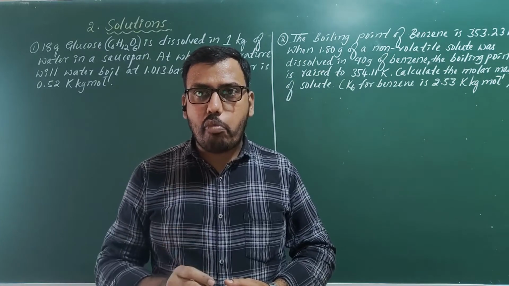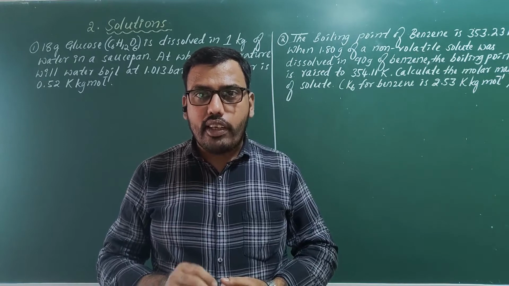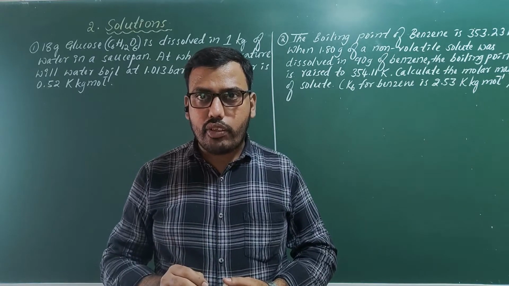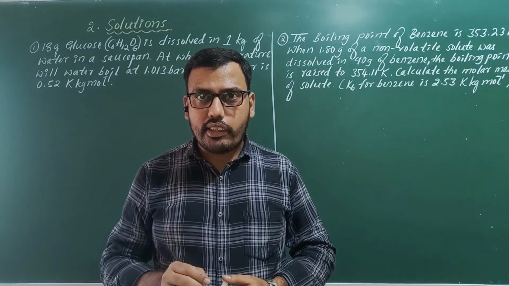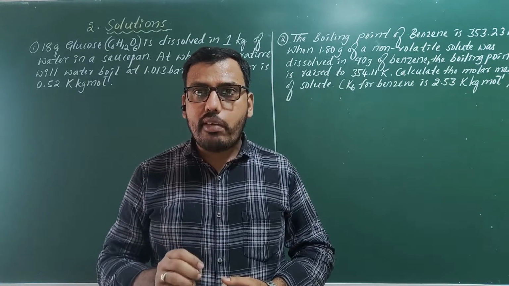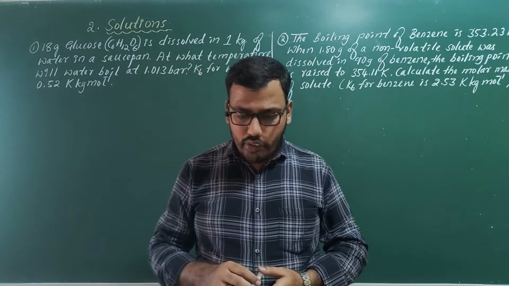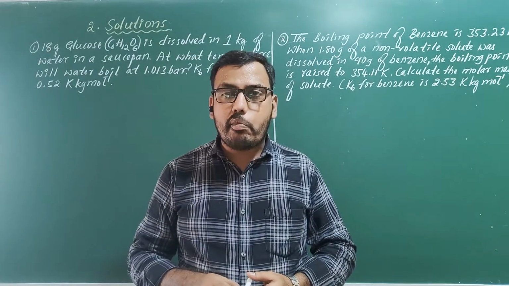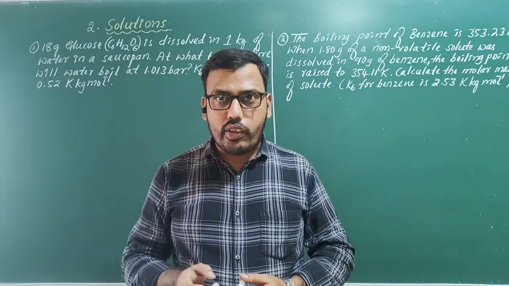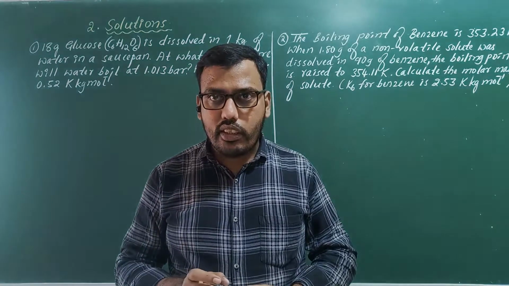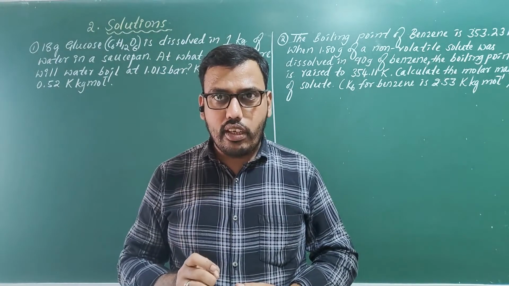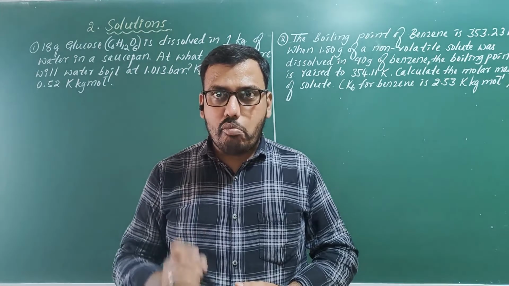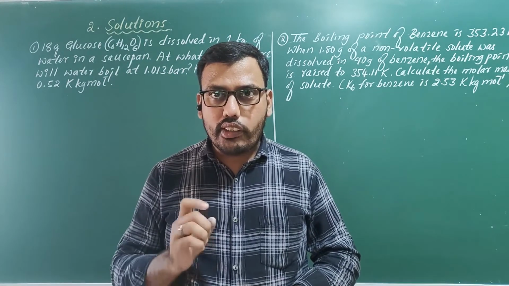Elevation of boiling point is given by delta TB is equal to TB minus TB naught, where TB is the boiling point of solution, and TB naught is the boiling point of pure solvent.